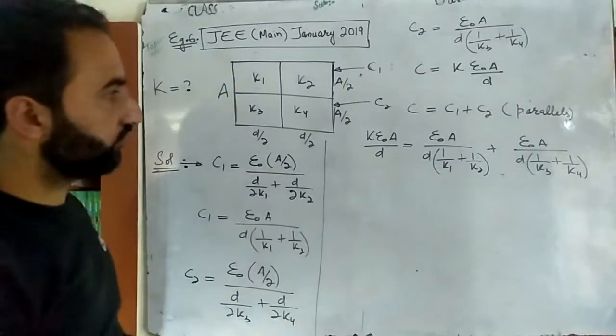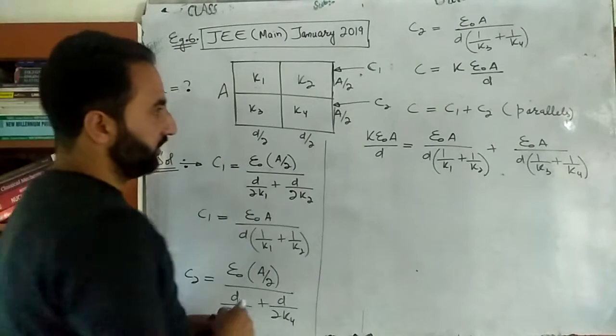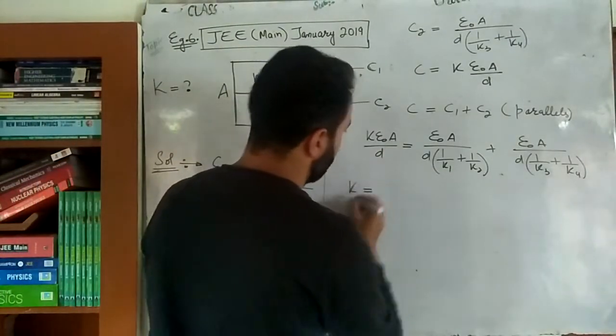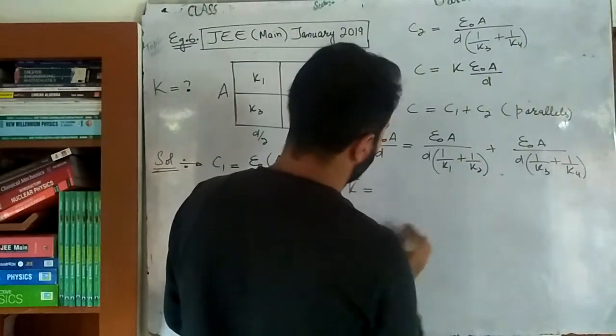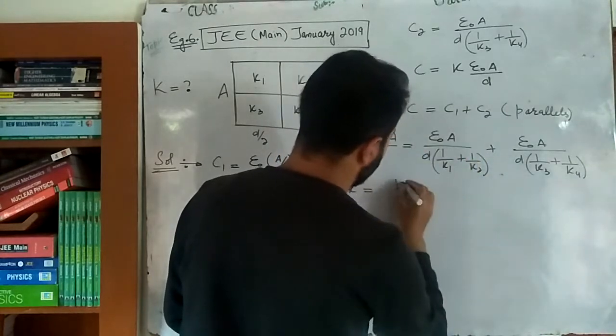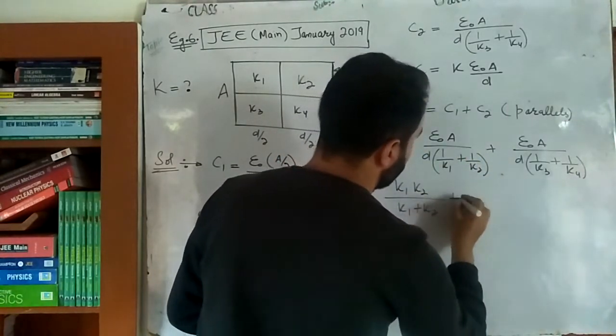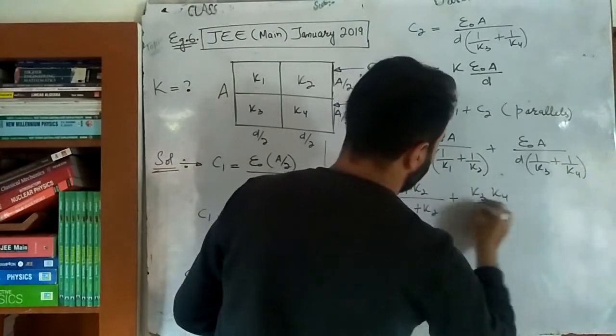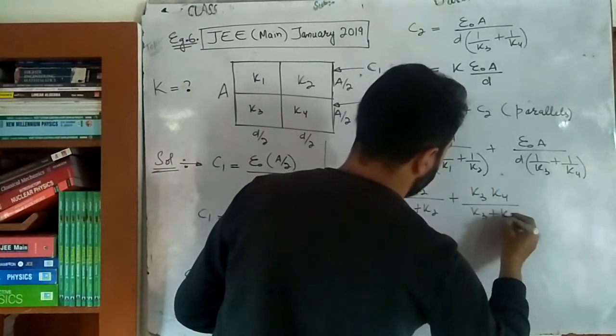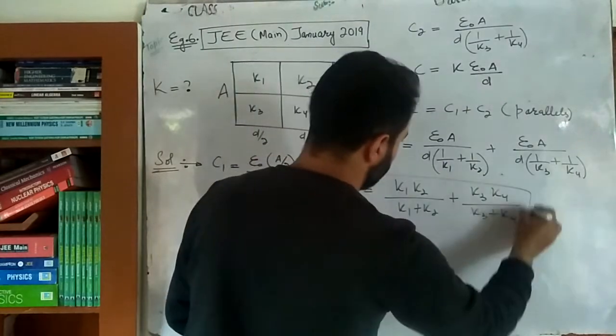Epsilon naught A by D will cancel out. So we are left with K is equal to, going for the cross multiplication, K1 K2 divided by K1 plus K2, plus K3 K4 divided by K3 plus K4. Answer.